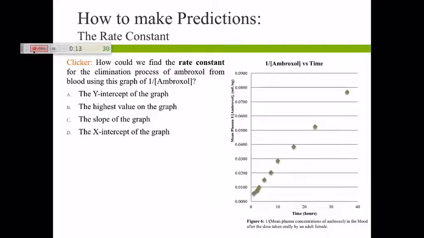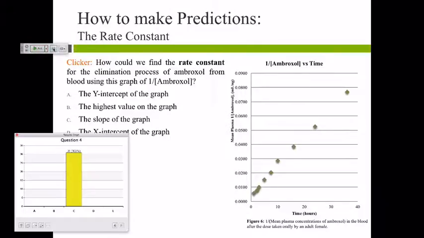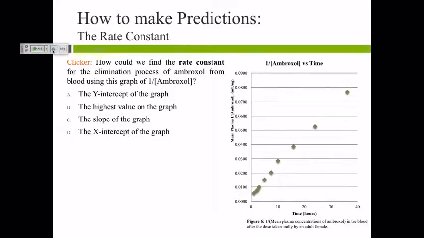Everybody in? Solid. All right, we're going to use the slope of that graph. If we know the slope of this graph, then we will also know what the rate constant is, which means we can make predictions between concentration and time. So we have our integrated rate law for second order.